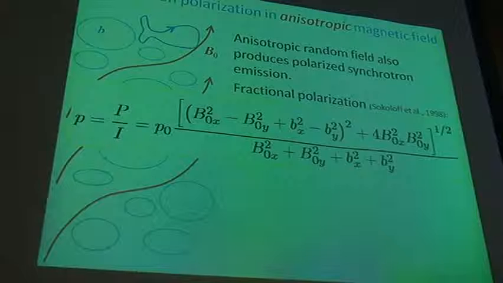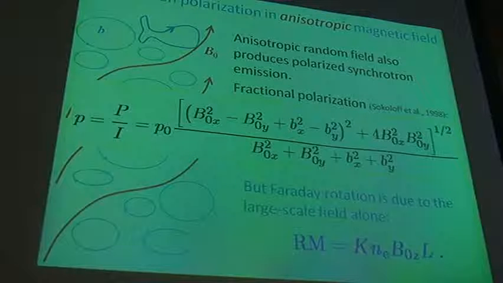Until very recently, people, including me, all believed that if there is polarized emission, there must be a large-scale magnetic field, and that there is a one-to-one correspondence. Not quite. We now find quite strong evidence that anisotropy in interstellar magnetic fields produces significant polarization.